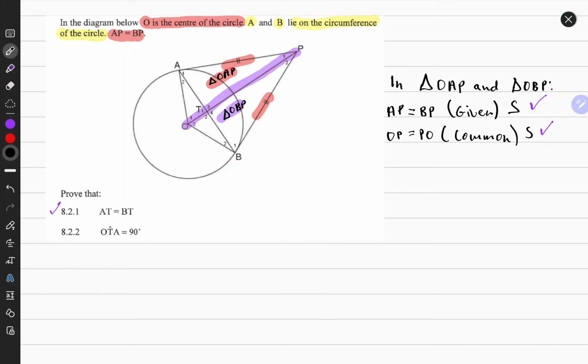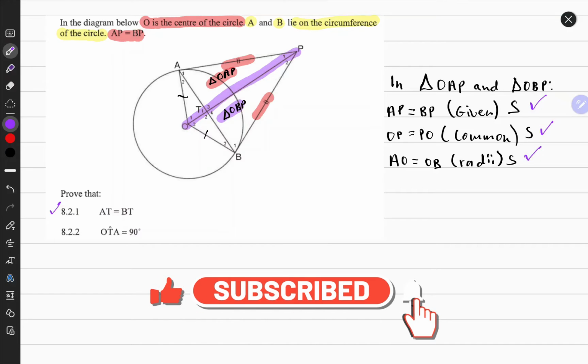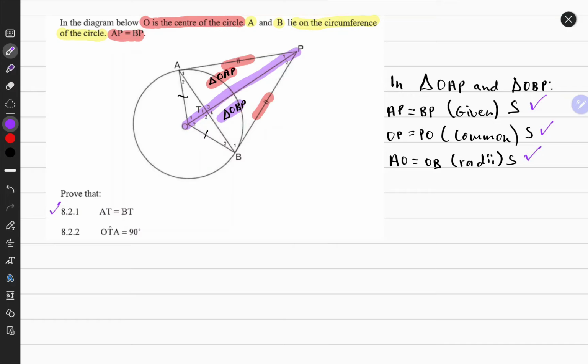So there we have another pair of corresponding sides. Notice that both triangles OAP and OBP have radii, so those two line segments are equal. So we can also note that AO is equal to OB because of radii. So that's another pair of corresponding sides. So through the condition side, side, side, we can say that these two triangles are without a doubt congruent.